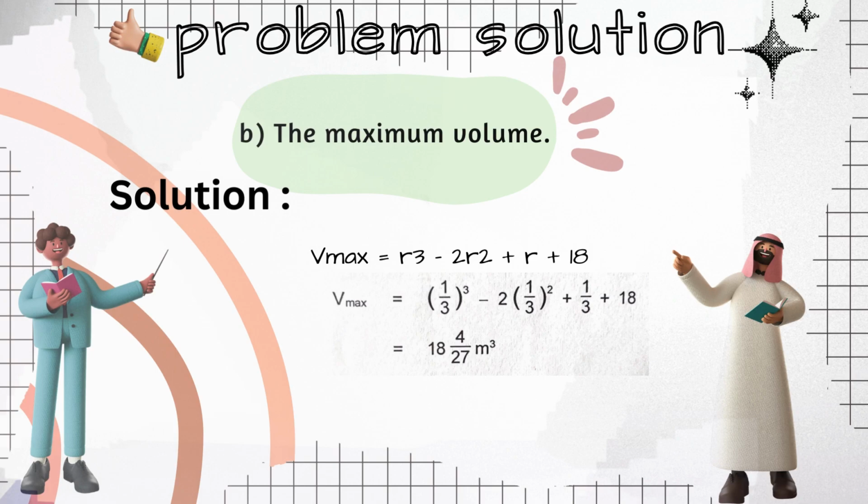So after we do the calculation, the answer that we get is 18 4/27 m^3. So that is the volume answer.